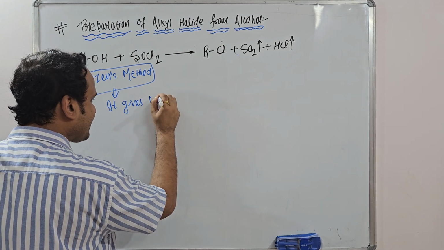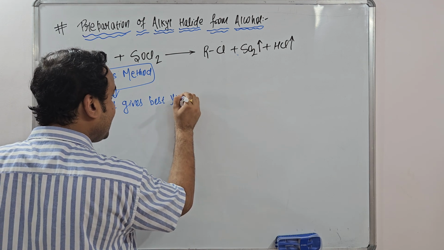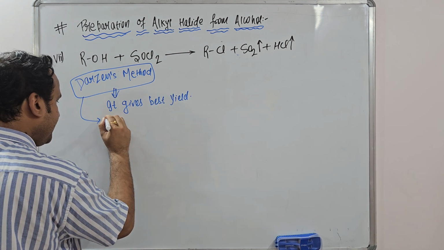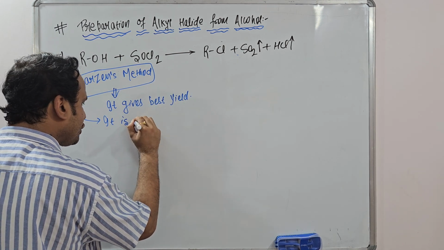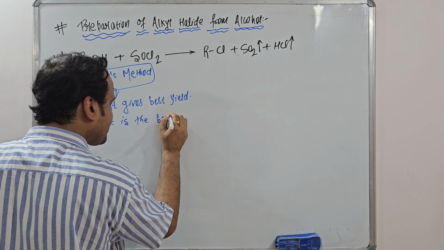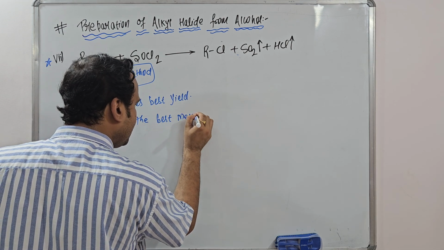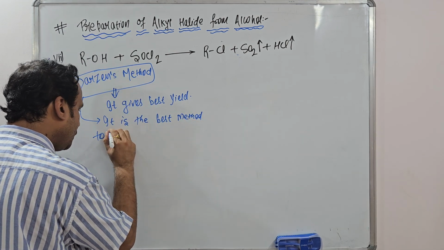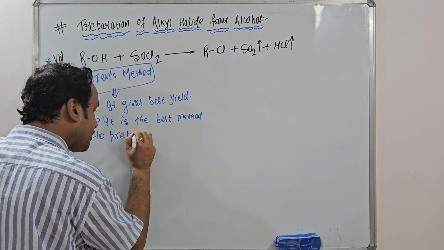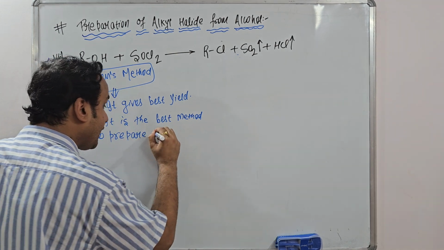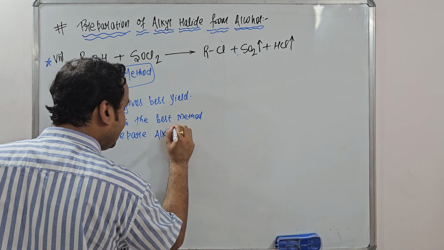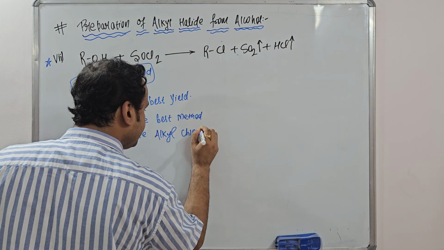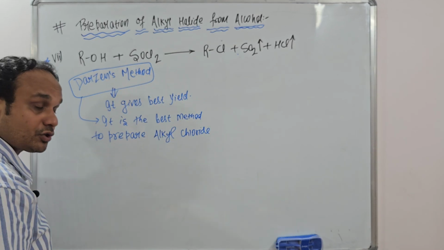it gives the best yield. Best yield means it is the best method to prepare alkyl chloride, because only chloride will form, because SOCl2 is there.